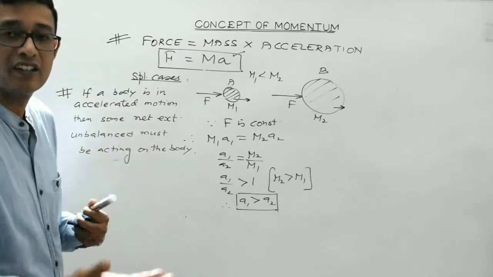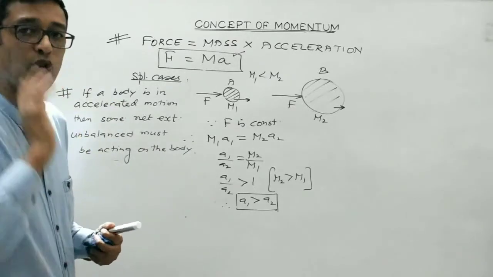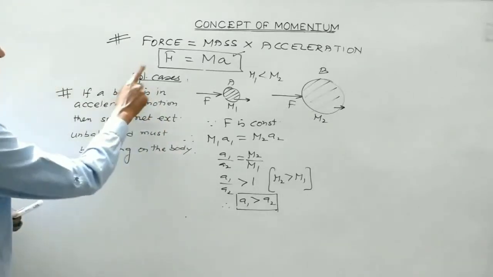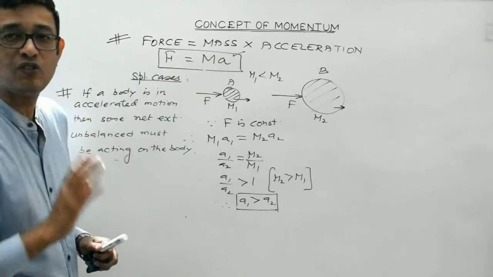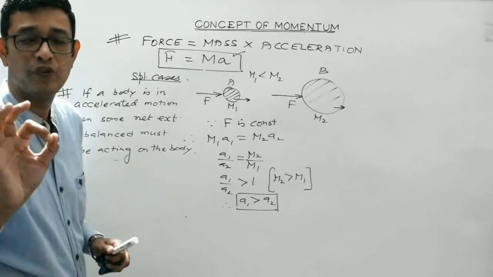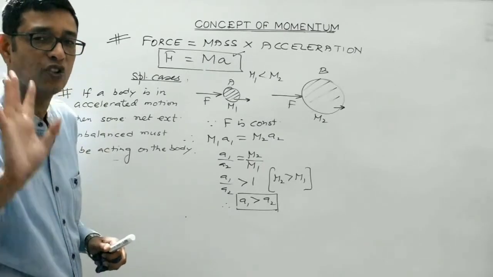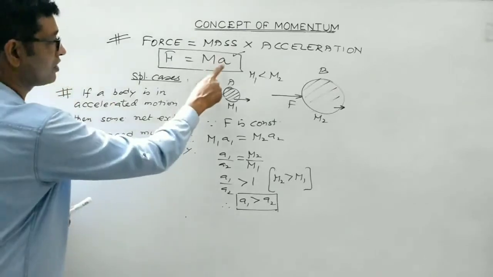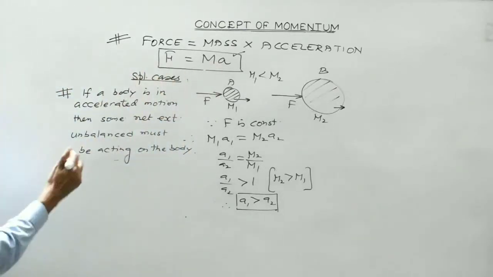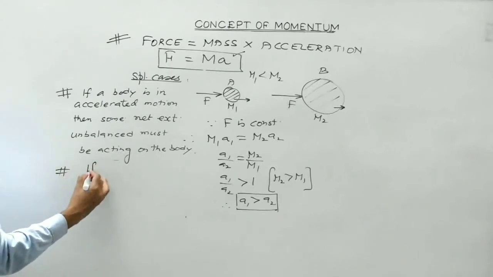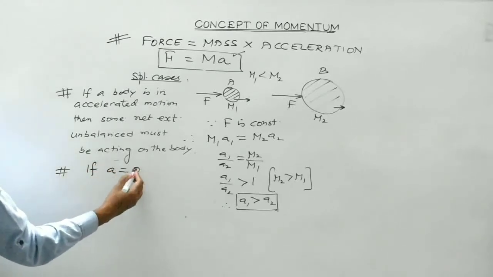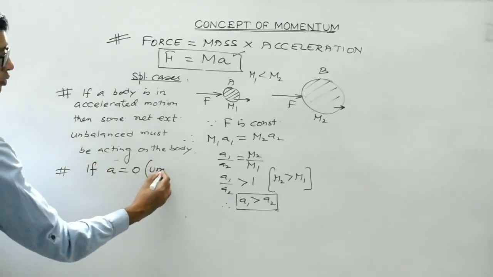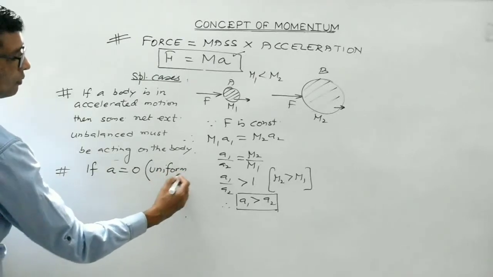On the contrary, if the body is in uniform motion, then a will be 0. A body moving in uniform motion means its velocity is constant. If velocity is constant, acceleration is 0. And if acceleration is 0, then force is 0.